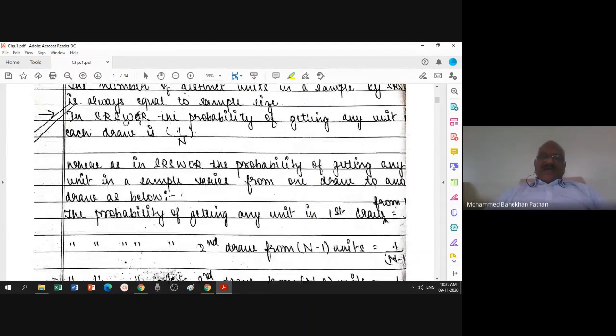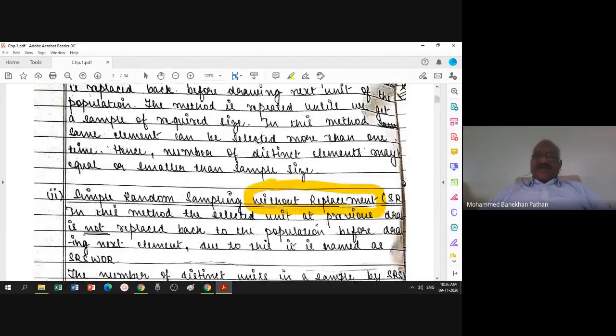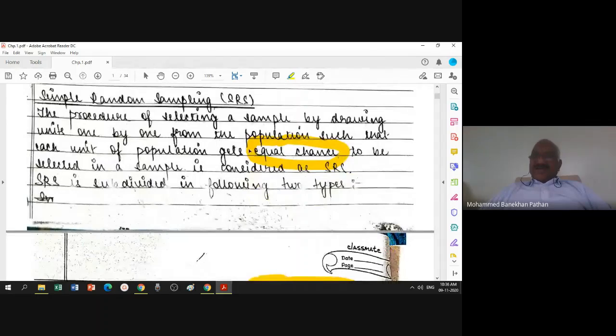In SRSWR, the probability of getting any unit at each draw is 1 by N. That means the chance of selecting any unit of the population in the sample at any draw is 1 by N. And that is what I said when I defined SRS: it is a method which gives equal chance for each population unit.